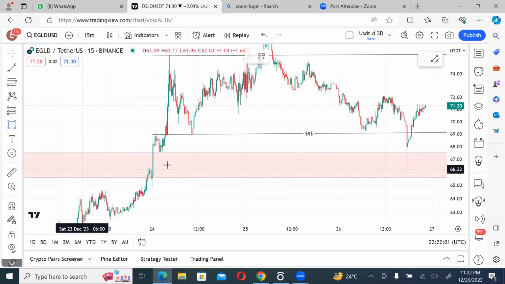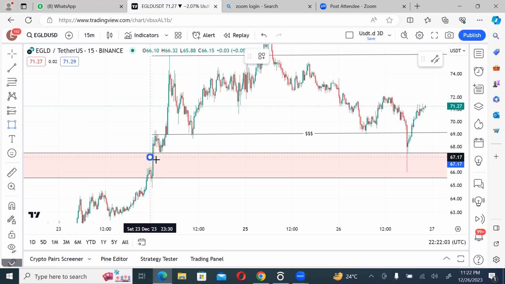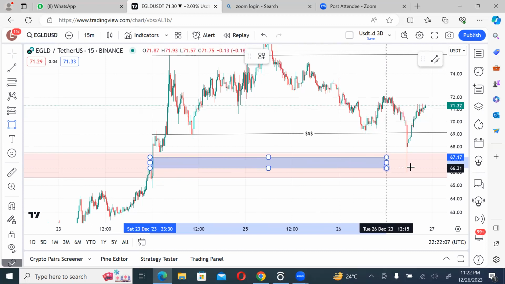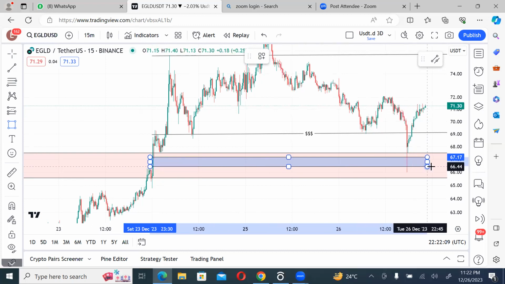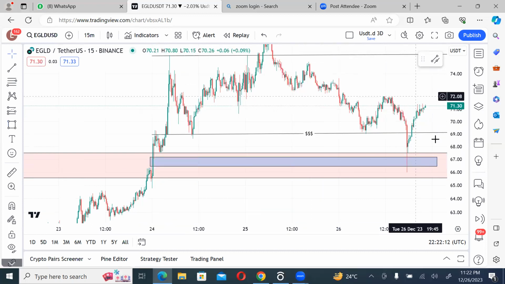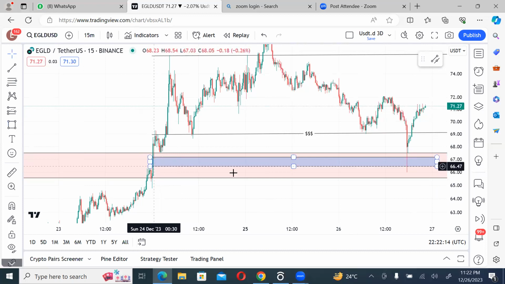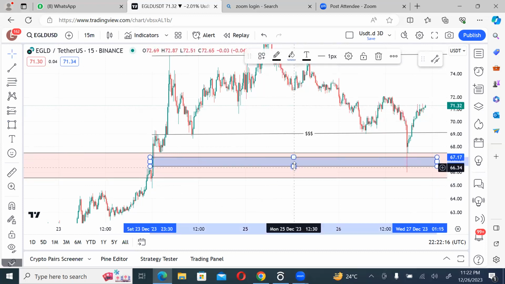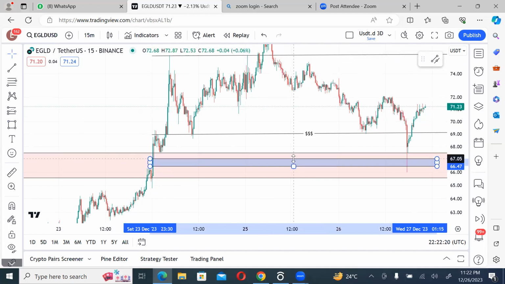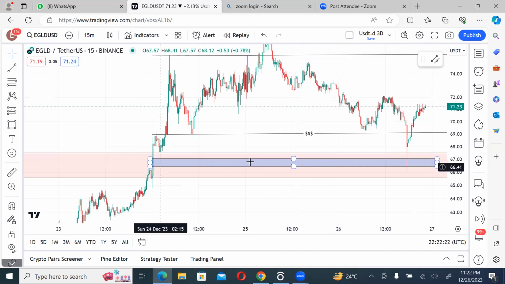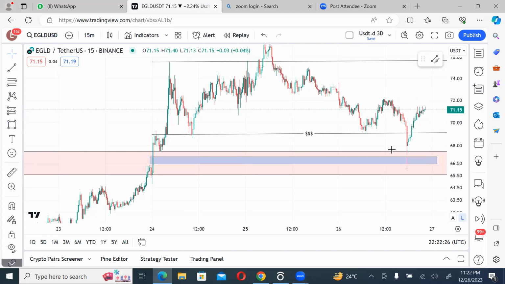Now, you can see this fair value gap right here. This is a confirmed order block. You can see how price came in to fill this fair value gap. Can you see it? Price came in, filled the fair value gap, and what did it do next?